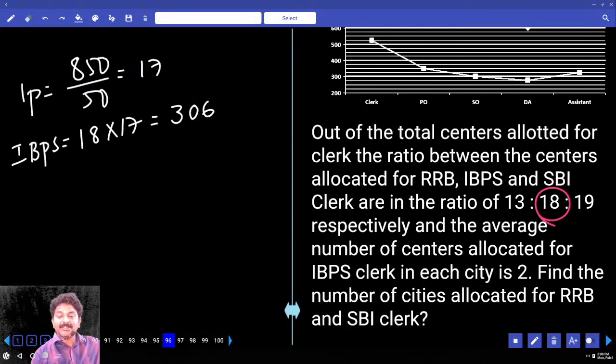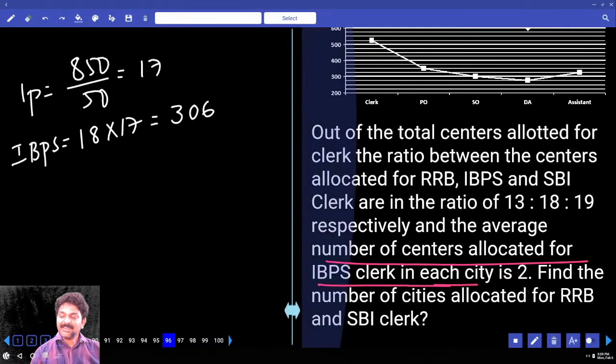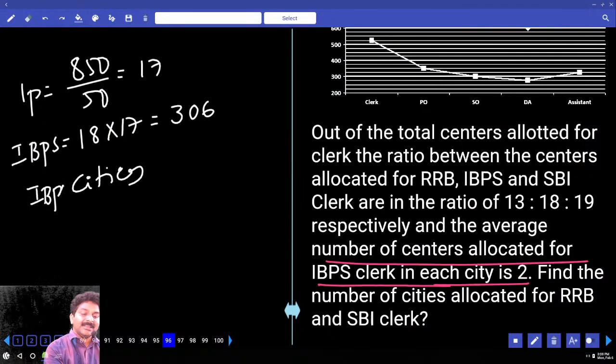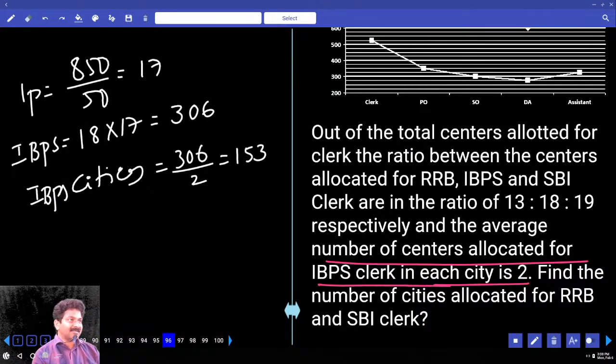So we have total 306 centers. Average number of centers for IBPS clerk in each city is 2, so number of cities for IBPS clerk is 306 divided by 2, which is 153 cities. Each city has 2 centers. Total number of centers is 153 times 2, 306.